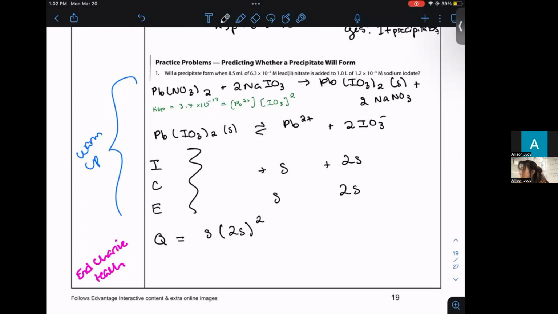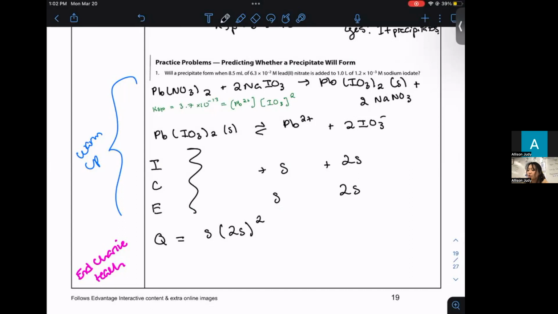But they have different concentrations. Yes, well, they would stoichiometrically be related in their concentration. So whatever amount of Pb(IO3)2 actually dissociates, it will produce a set ratio of the following ions.